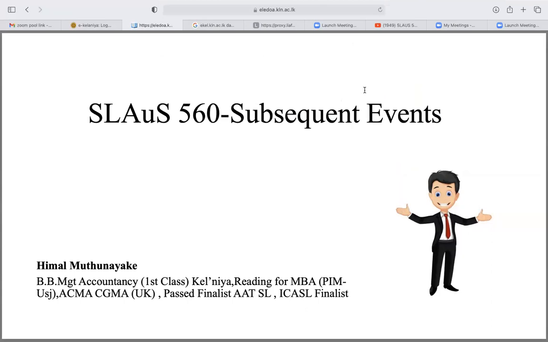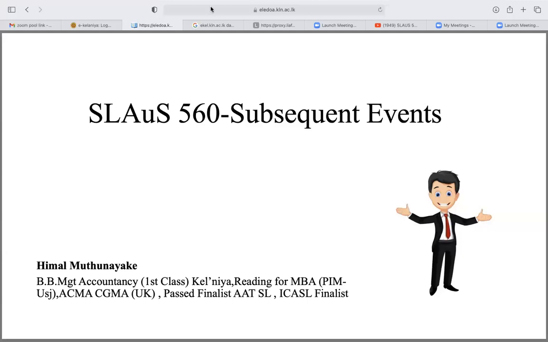Basically, I'm going to start with SLAUS 560, subsequent events. This is actually a very simple standard when compared with the other standards. As you know, from the name subsequent events, you should remember an accounting standard. What is that standard?